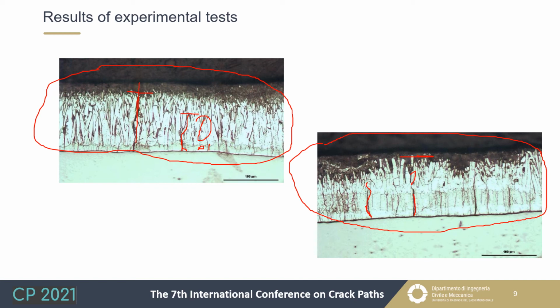This is dangerous because we can think that the coating is not damaged, since we can't see damage on the surface, but the damage is present inside the coating, reducing the service time of these coatings.